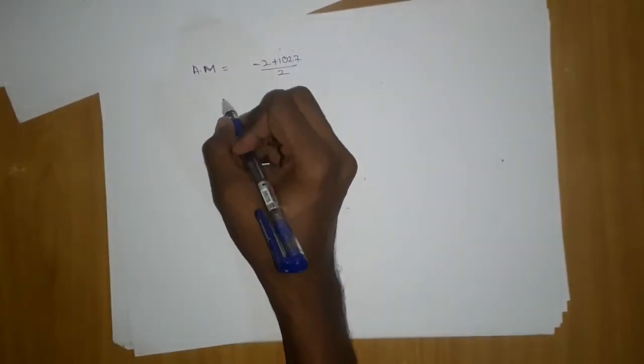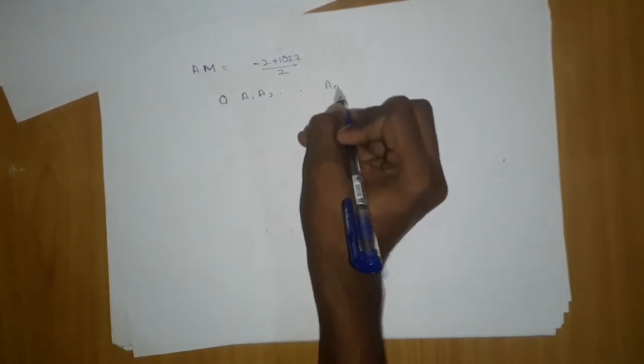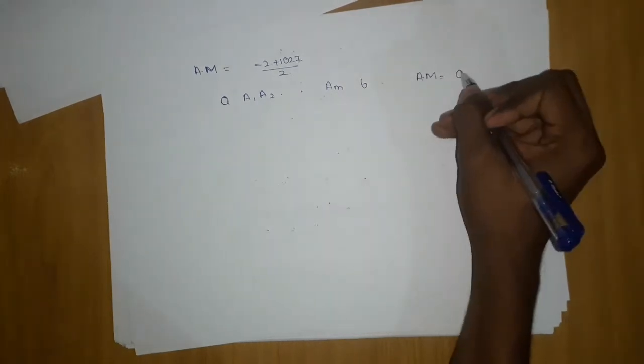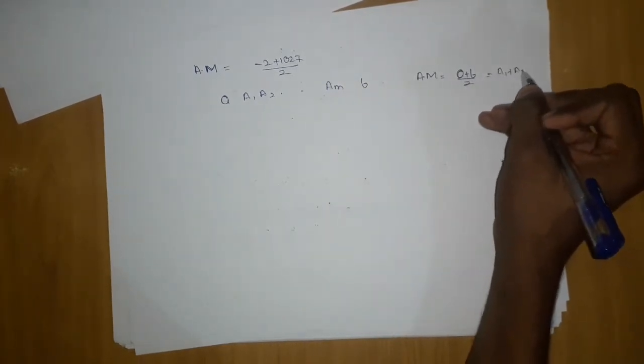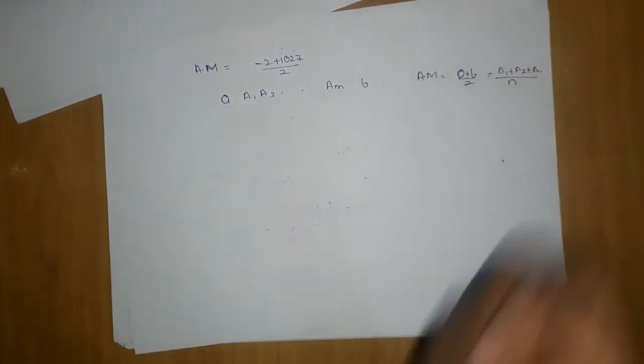Let me remind you, in case you have forgotten: if A1, A2 and so on up to An arithmetic means are there between A and B, then AM is equal to (A plus B) by 2, and AM is equal to A1 plus A2 plus A3 and so on till n terms, divided by the number of terms.